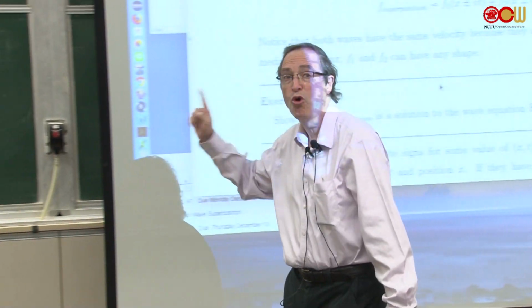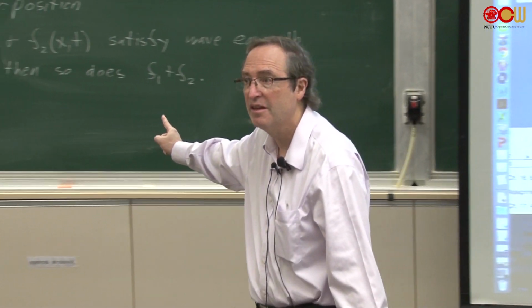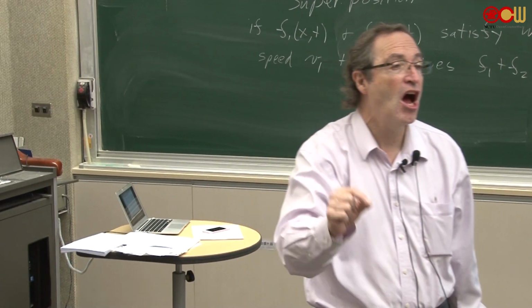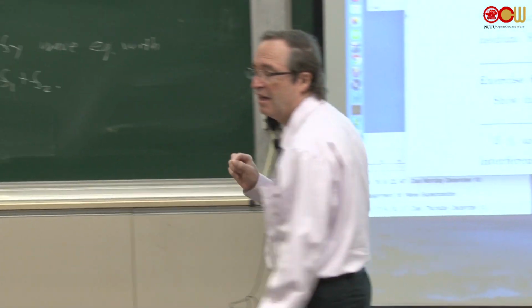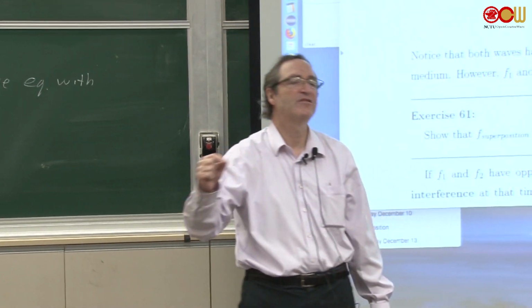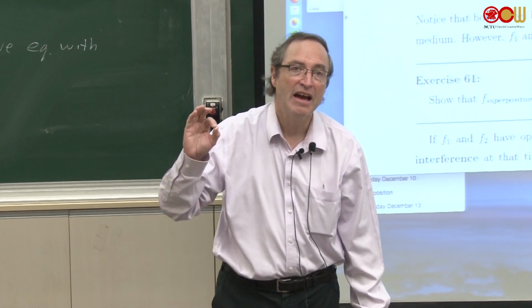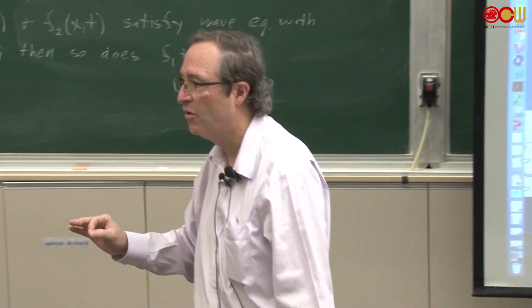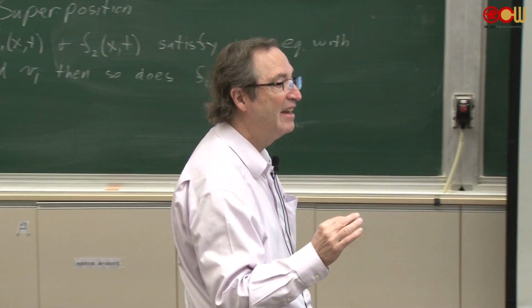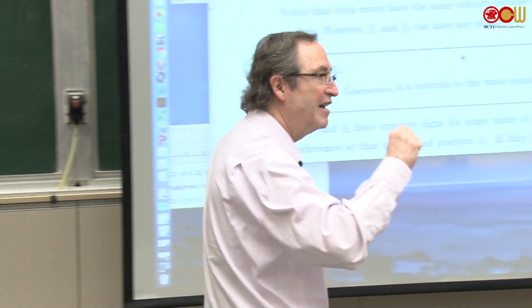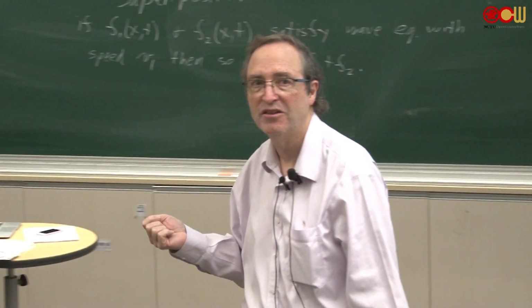Now, one of the important results of this is we know that a sine and a cosine of the right form, sine kx minus omega t, satisfies the wave equation. That means we can add up all kinds of sine waves, and that'll still satisfy the wave equation.